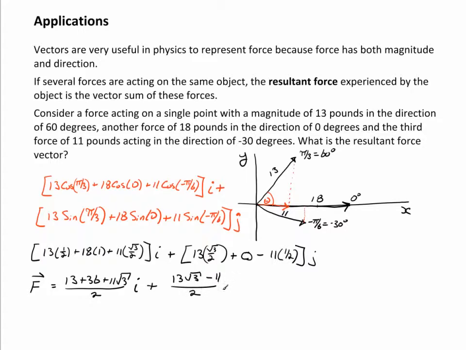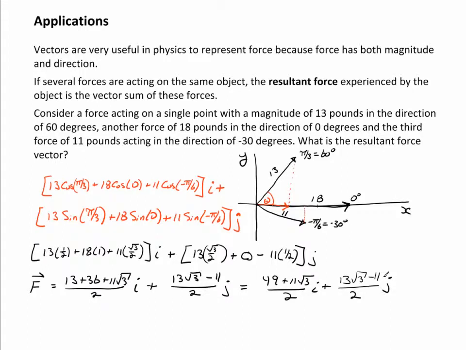I can simplify a little bit and say this is 49 plus 11 root 3 over 2 i, plus 13 root 3 minus 11 over 2 j. So that's going to be my vector, the force vector.